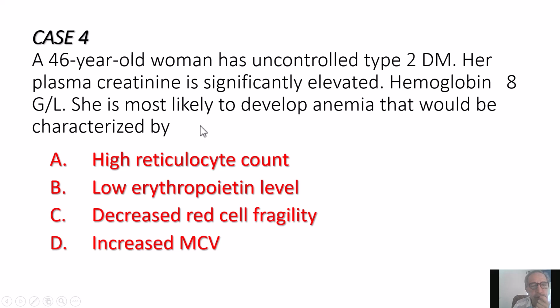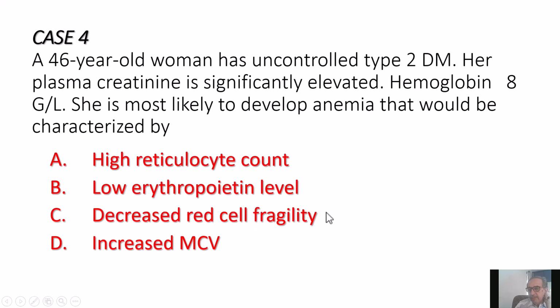High reticulocyte count? No, this is not hemolytic or blood loss. Low erythropoietin level? That is a correct answer. B. Decreased red cell fragility. Usually in hemolytic anemia, red cell fragility is affected, but not in this type of anemia, kidney disease.